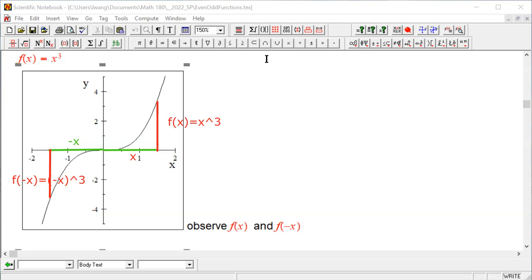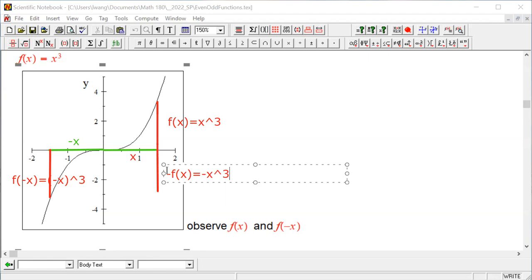I'm getting this piece, the opposite of it, it will flip right over. So this piece is going to be negative f of x, which is, if we plug in here, a negative sign on the other side, x raised to the power 3.